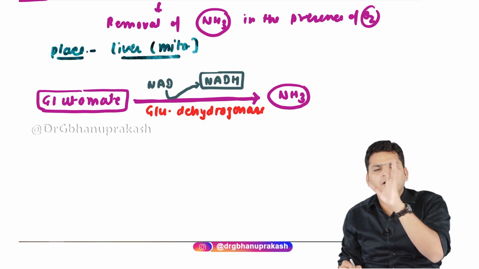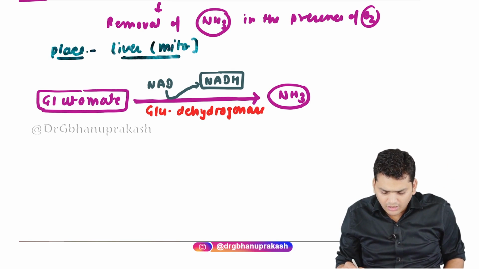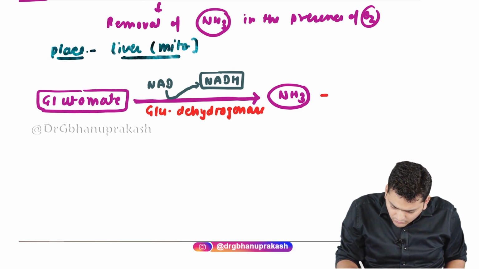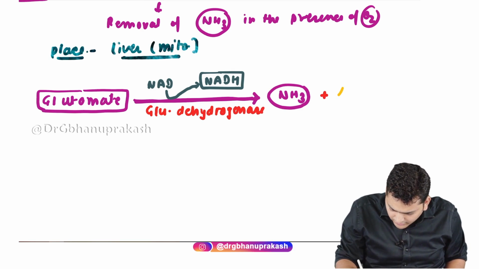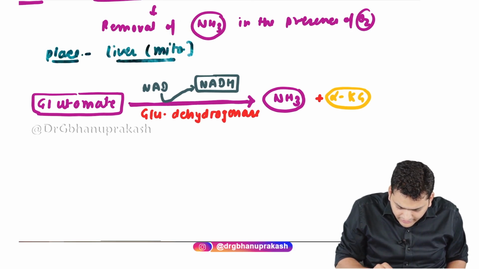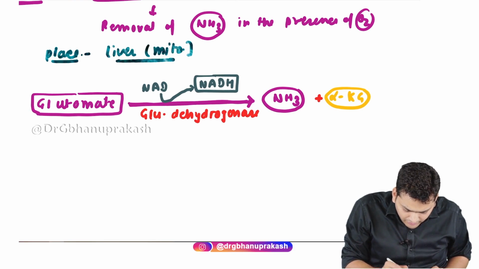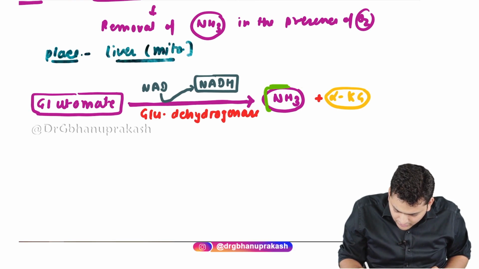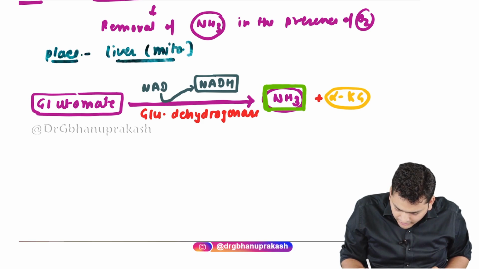And the glutamate will release the ammonia, so we will get the ammonia. Along with that ammonia, you also get alpha ketoglutarate. That is the byproduct, but the more important molecule that we are primarily concerned with is the ammonia. So this is how you have got the ammonia in your liver.